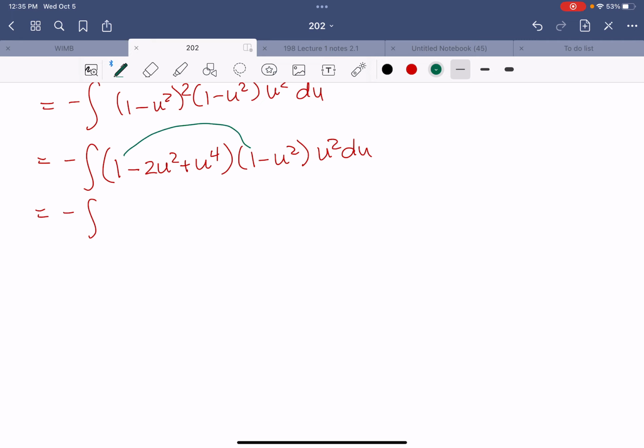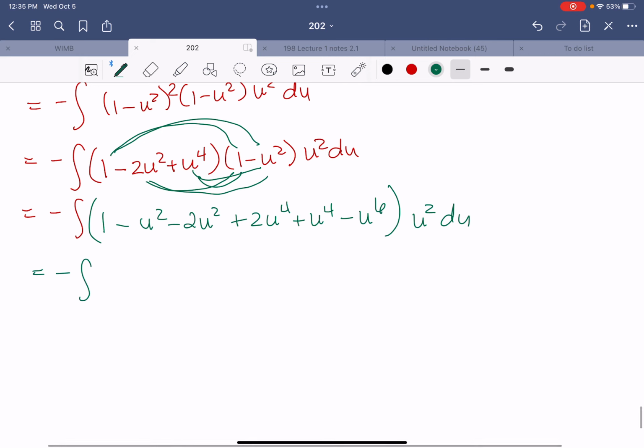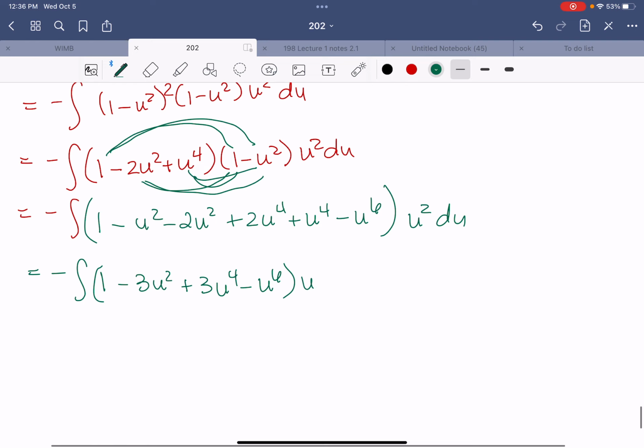I should get 6 terms: 1 minus u squared minus 2u squared plus 2u to the 4th plus u to the 4th minus u to the 6th, all times u squared du. And this is negative the integral of 1 minus 3u squared plus 3u to the 4th minus u to the 6th, all times u squared du.